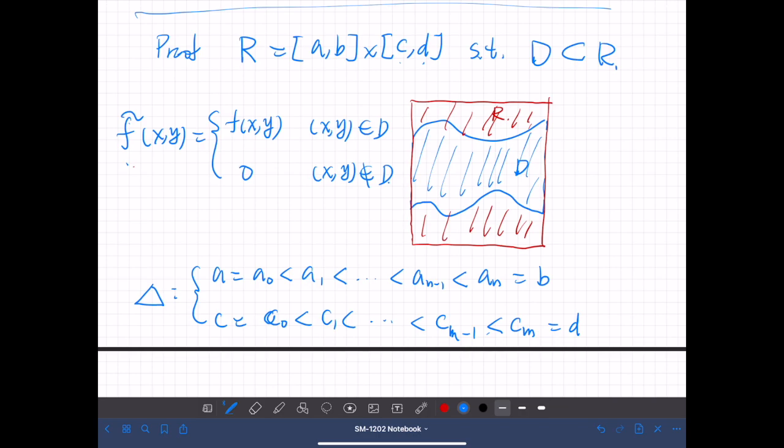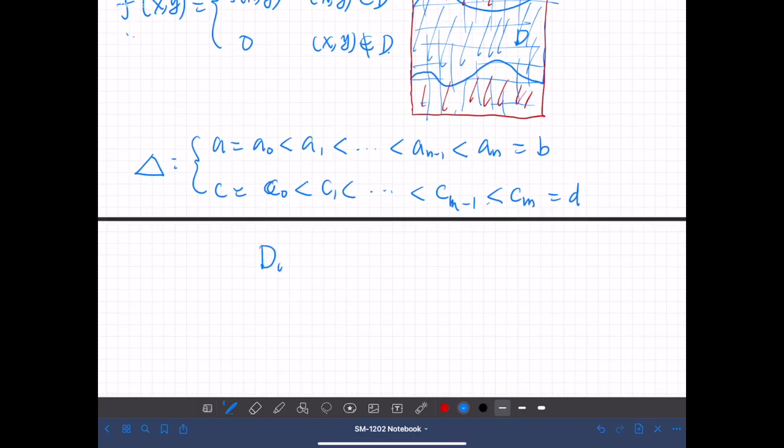So this rectangular region is split into smaller rectangles. So let's define Dij as these smaller rectangular regions.